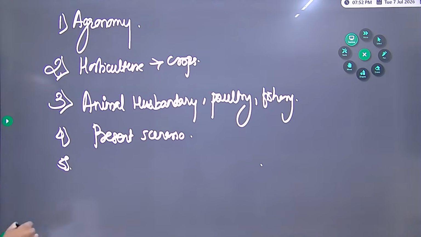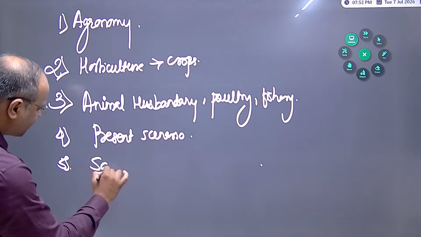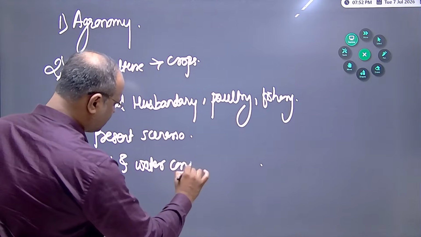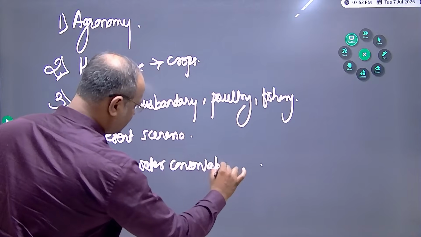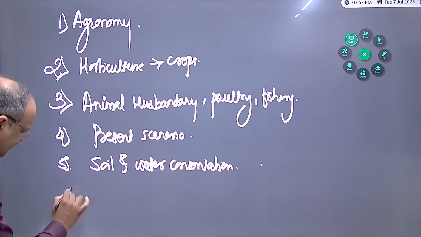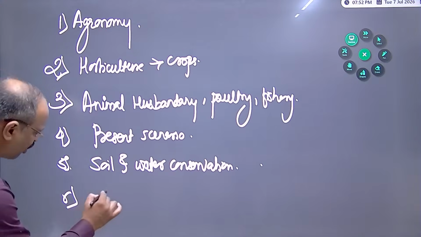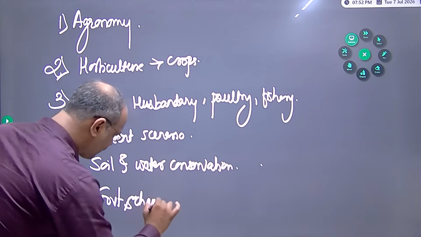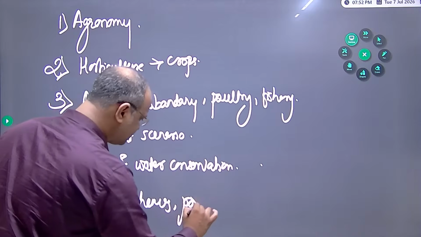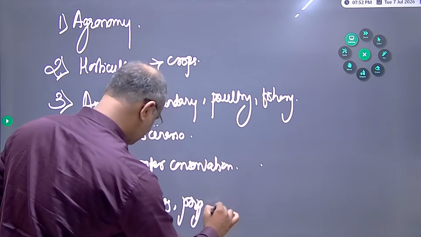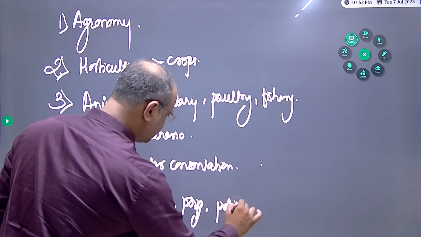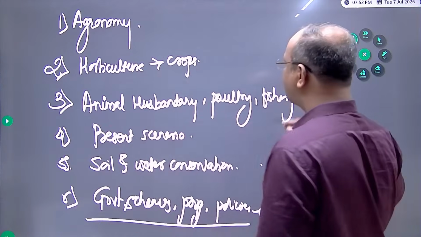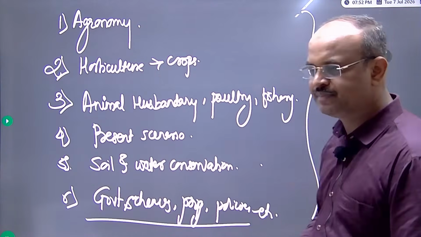Fifth is soil and water conservation. Sixth will be government schemes, programs, policies, etc. So you have to focus on these topics first, remember.